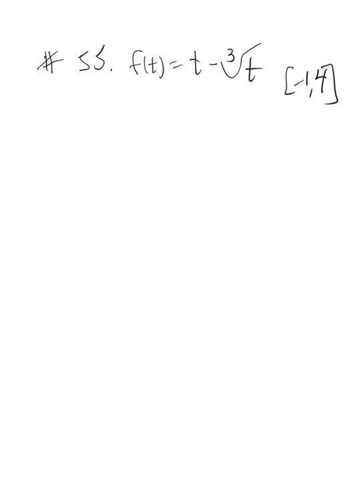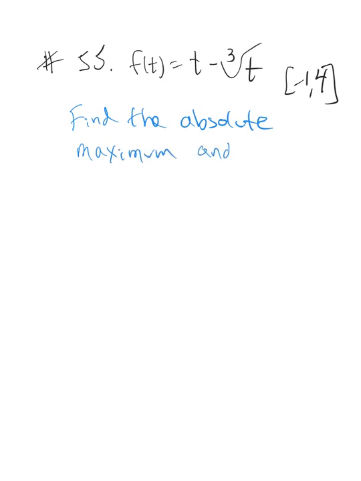We want to find the absolute maximum and absolute minimum values of this function on the interval -1 to 4. So again, what we're doing is we want to find the absolute maximum and minimum values.